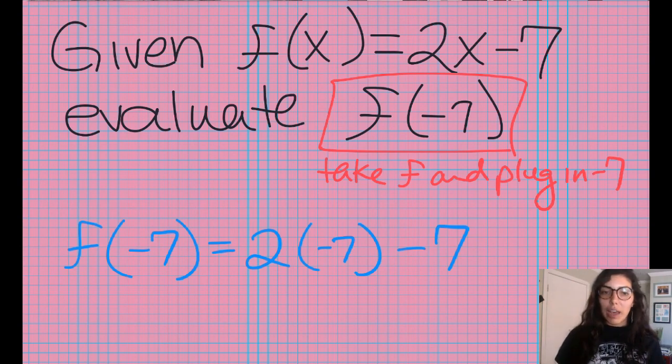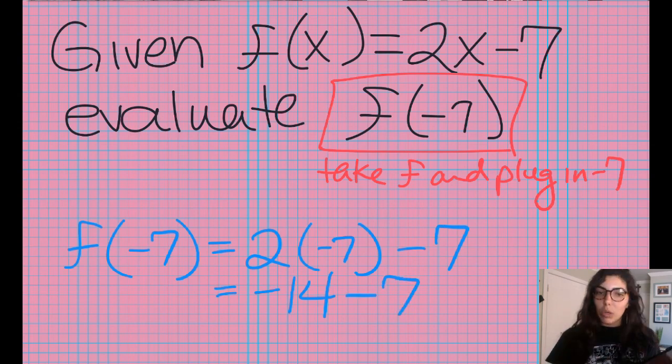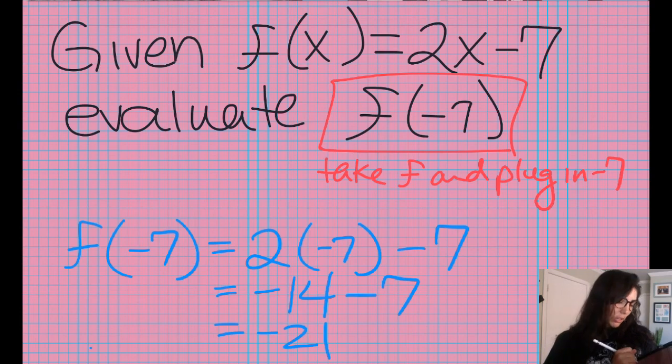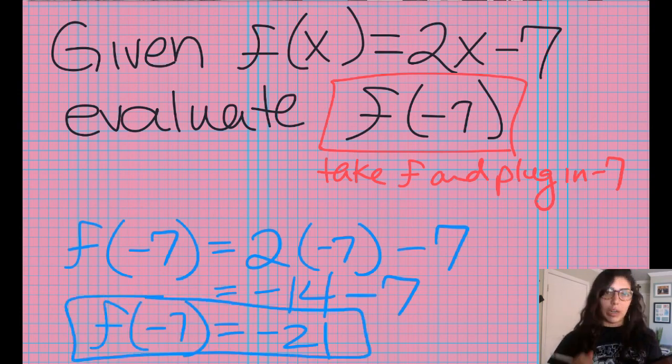Then we just have to use math. Throw it in a calculator, throw it in Desmos, figure out what this is when you evaluate it. 2 times negative 7 is negative 14. And negative 14 minus 7 is negative 21. So we would say that f of negative 7 is equal to negative 21. Awesome.